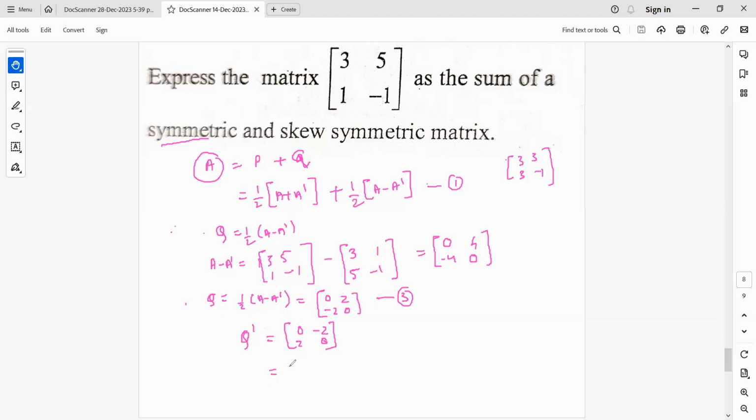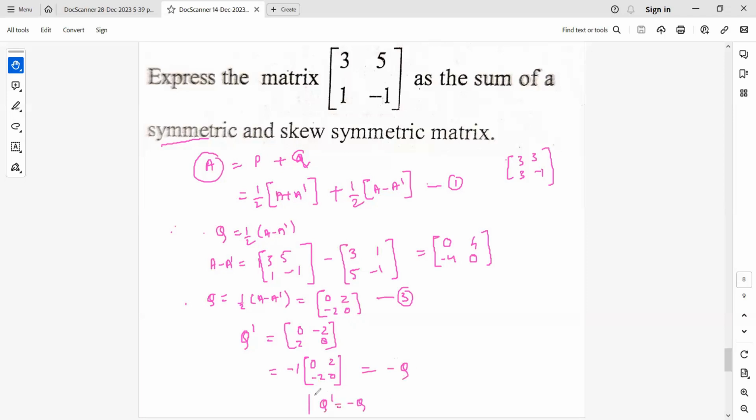Take the minus sign common: minus 1 common, so it will be [0 2; -2 0] with a minus sign outside, and the plus 2 gets converted into minus 2. When you compare this with matrix Q, you can see [0 2; -2 0] is similar, so we are getting minus Q. So we have shown Q dash is equal to minus Q.